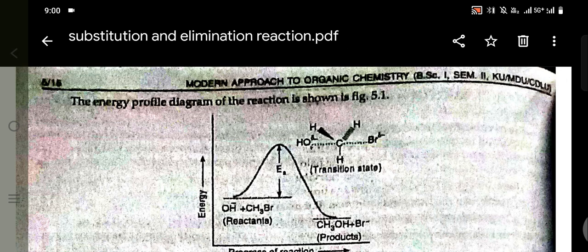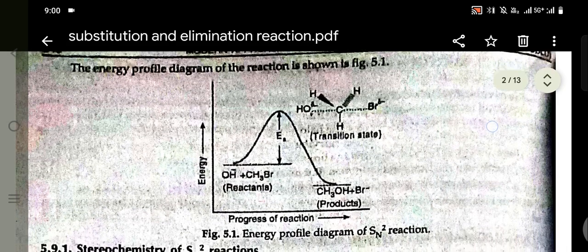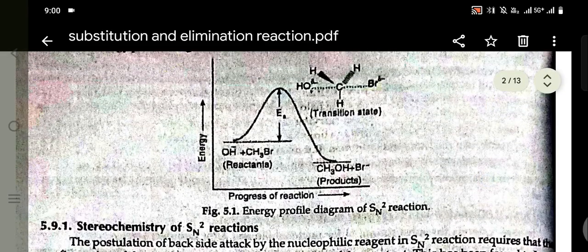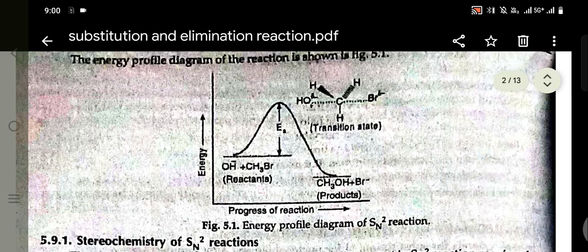The energy profile diagram of the reaction is shown here, where the energy of the reactants OH⁻ plus CH3Br is high, while the energy of the products CH3OH plus Br⁻ is low, and the transition state is [CH3Br-OH]⁻, which has partial bonds.